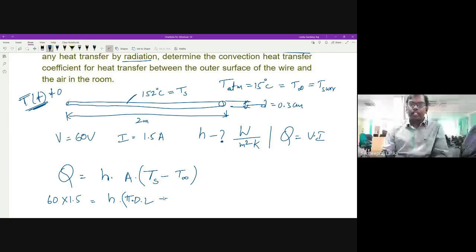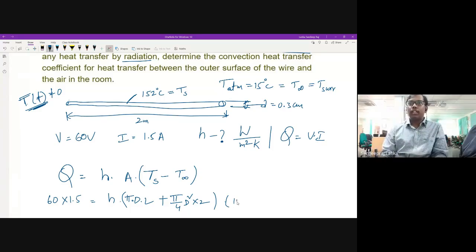If you want to neglect, you can neglect. If you don't want to neglect, you can take it. It is pi by 4 d square, two times, on this side and this side. Even if you take it, you will get the same value. If you don't take it also, you will get the same value because this is 2 meter long and the diameter is very small. It's up to you to take. If you take it, the difference will be very small.